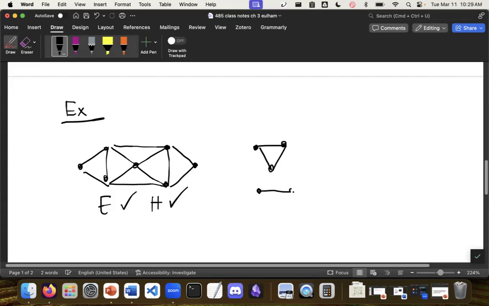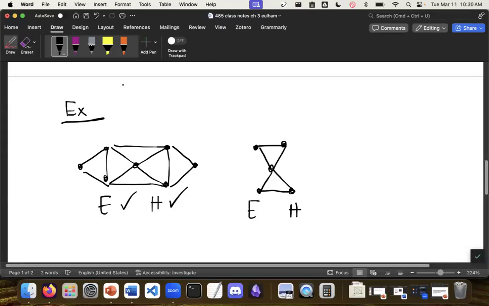Let's look at some subgraphs of this one. Take a minute and think about this. First, let's see if we can find that closed trail. Can we?